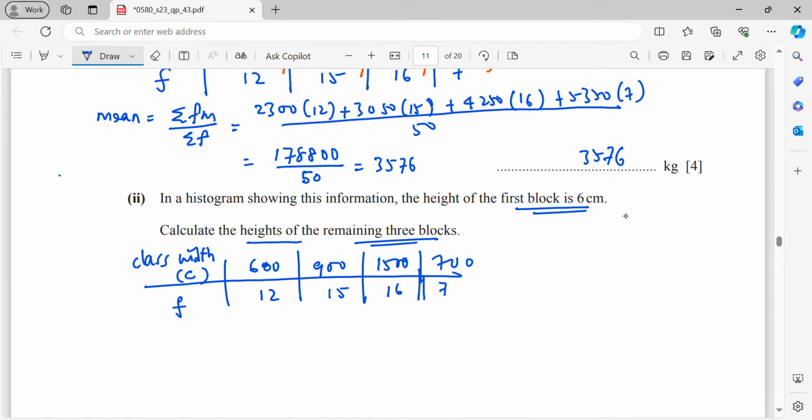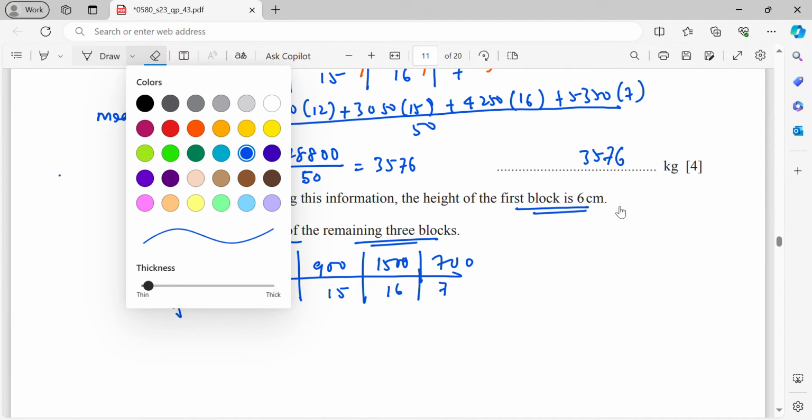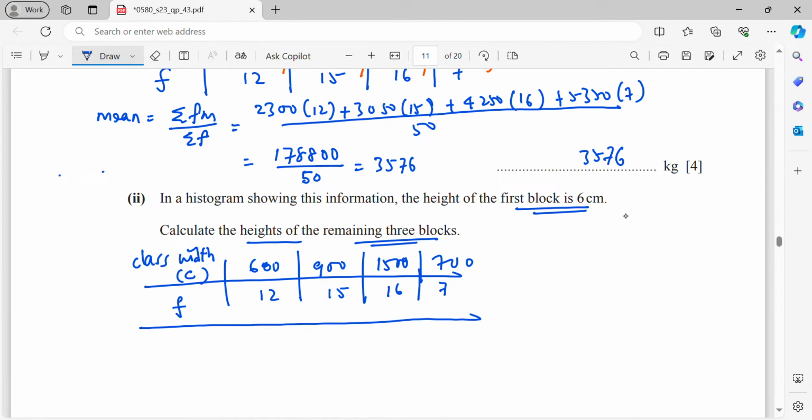Okay, now the height corresponds to the frequency density. So frequency density is frequency over class width. So 600 divided by 12, right? Okay, so let me check. You will get 50. Right, so 600 divided by 12, it is 50.